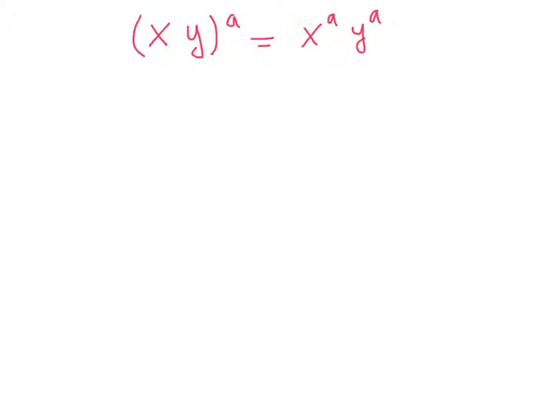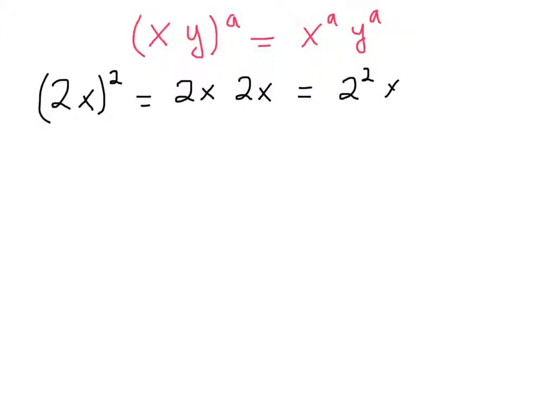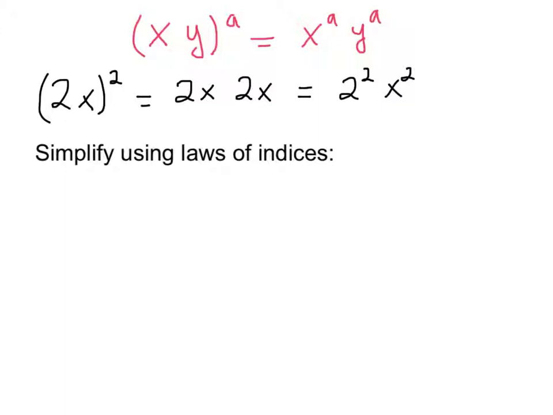If you had, let's say, 2x, and you had it to the power of 2, remember, we saw that was 2x by 2x, so it turned out to be 2 to the power of 2 and x to the power of 2. So the power of 2 is on both the 2 and the x. Okay, so let's try a few examples with this law.